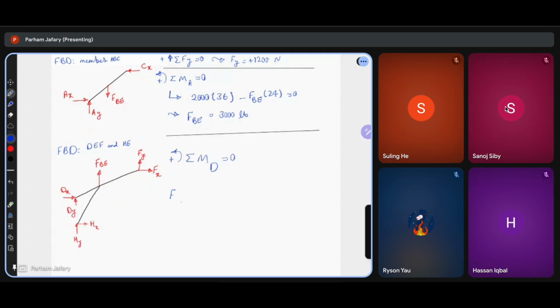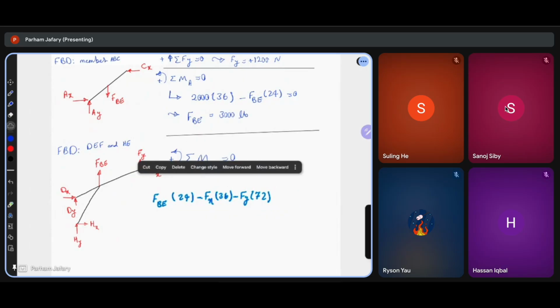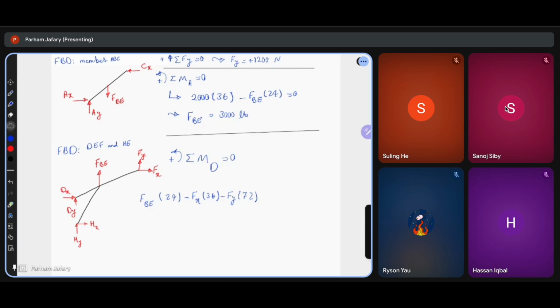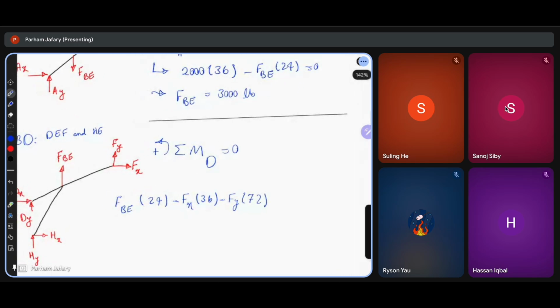So I will have F of BE times 24, minus Fx times 36, minus Fy times 72, plus Hx times 36 equal to 0.